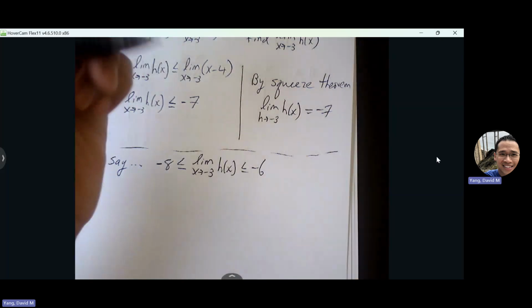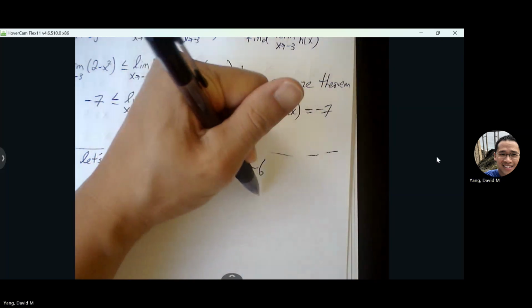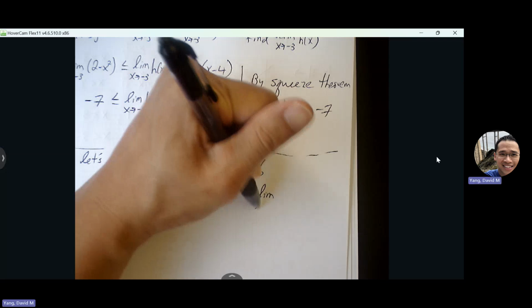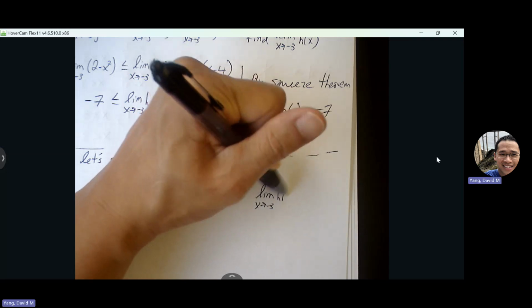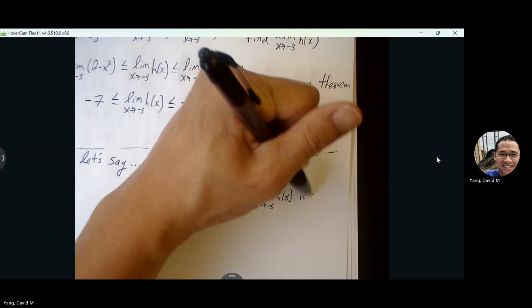So we can say the limit as x approaches -3 of h of x is inconclusive.